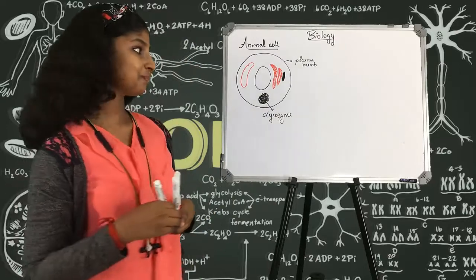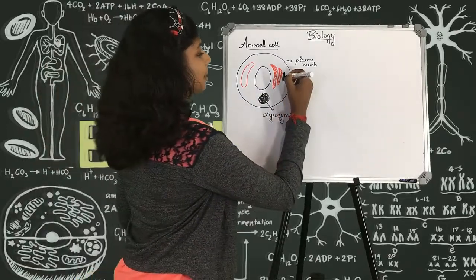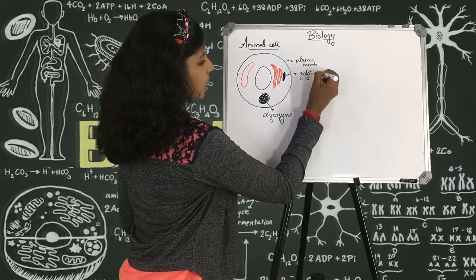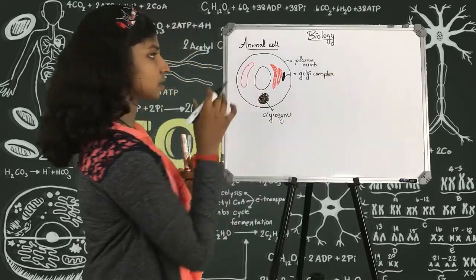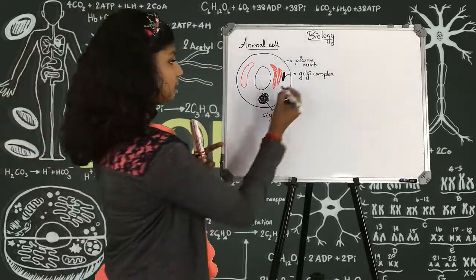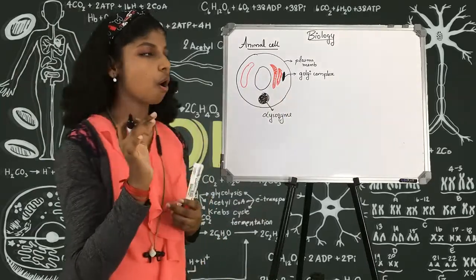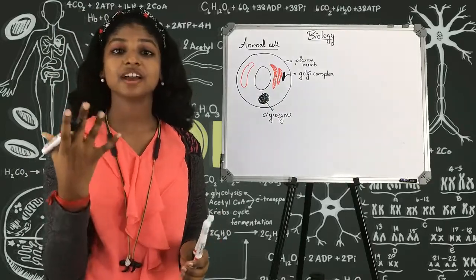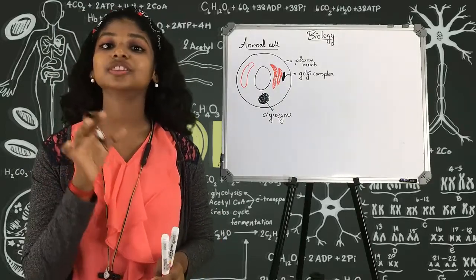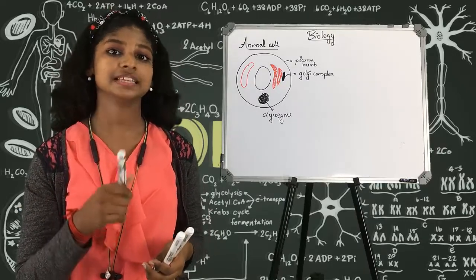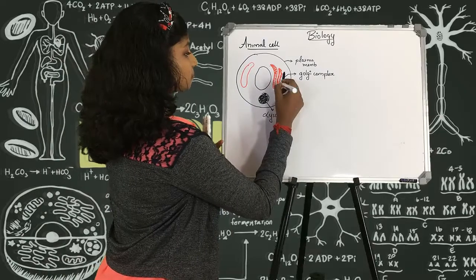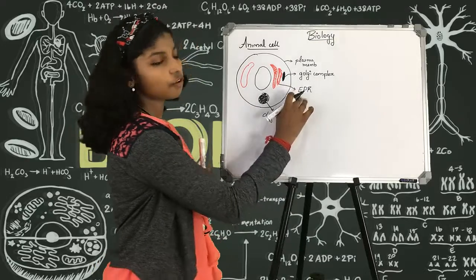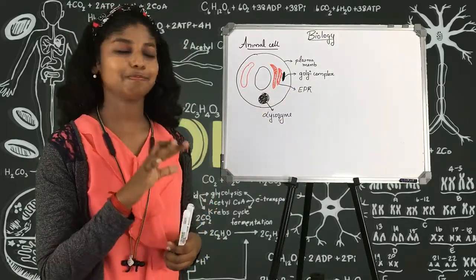This is the lysoenzyme, and this black thing is known as the Golgi complexes, or the Golgi apparatus. And these two organelles are known as the ER. There are two types of ER, the rough endoplasmic reticulum and the smooth endoplasmic reticulum, and you will be learning this in the coming videos. So this is the endoplasmic reticulum, the short form being ER.